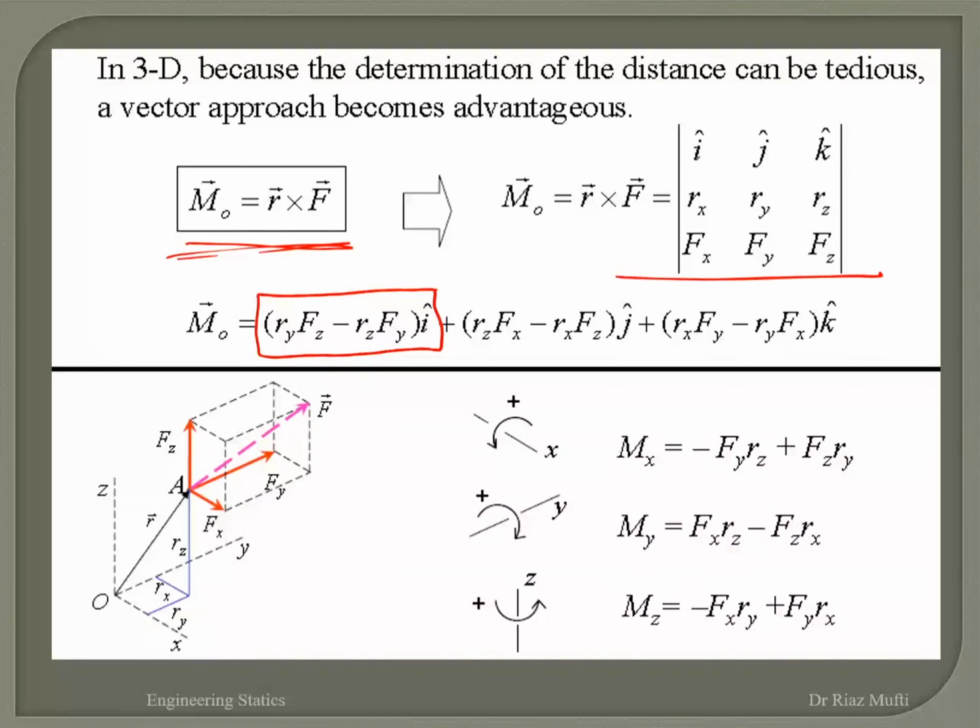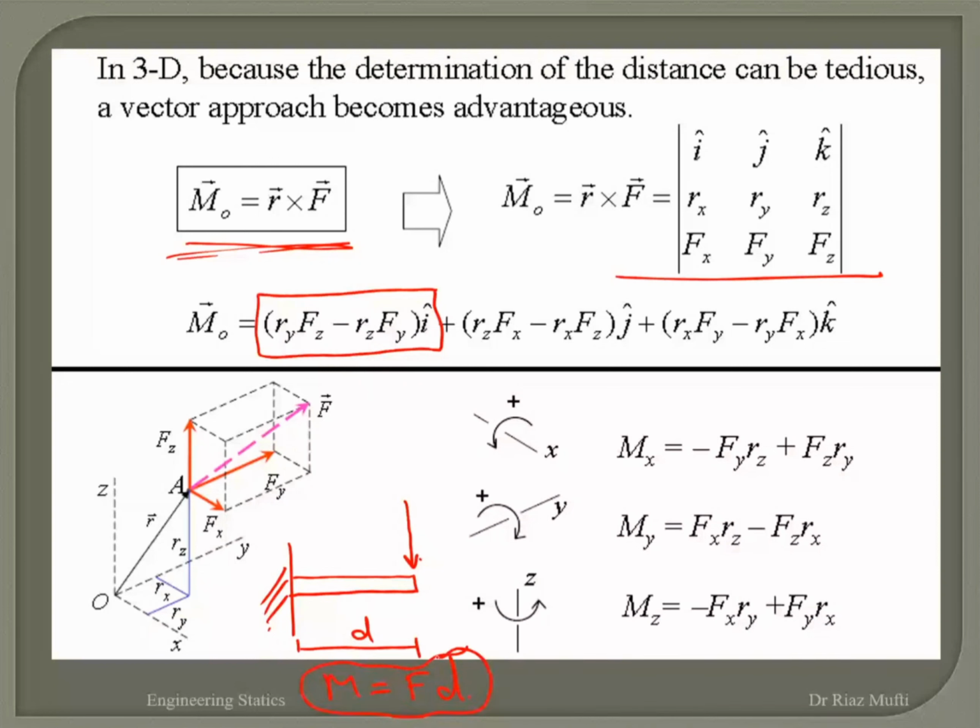Before I go into the details, let me draw a bar. Distance is d. I'm applying a force here, and I'm writing M equals F d. You can easily visualize what this means.